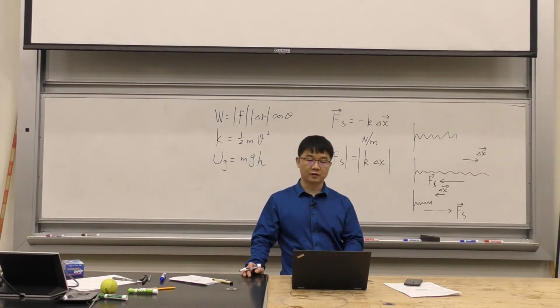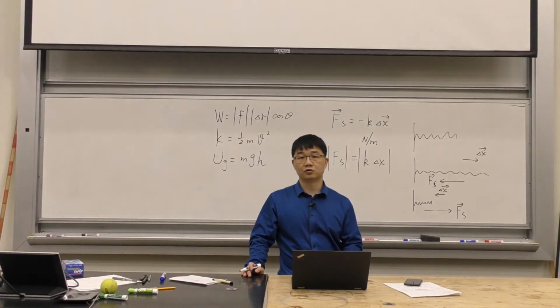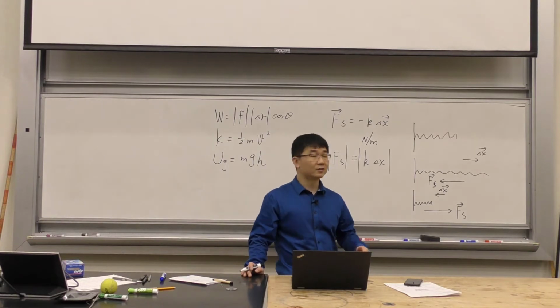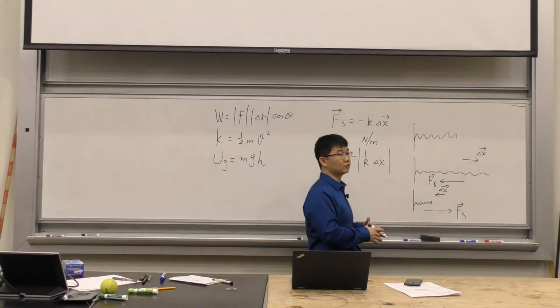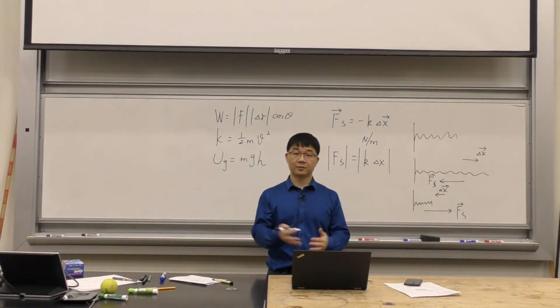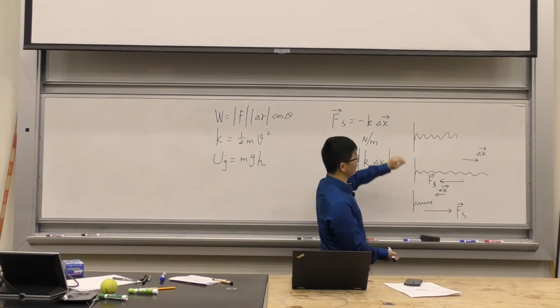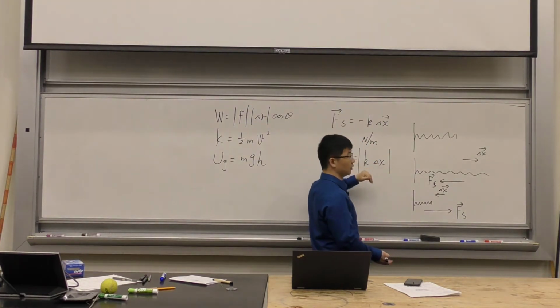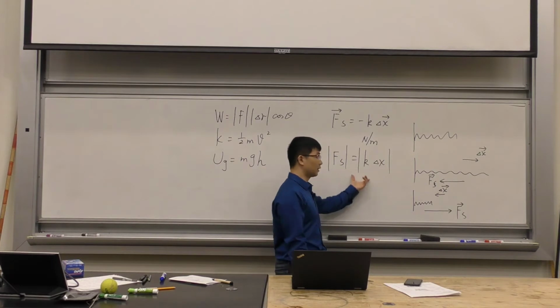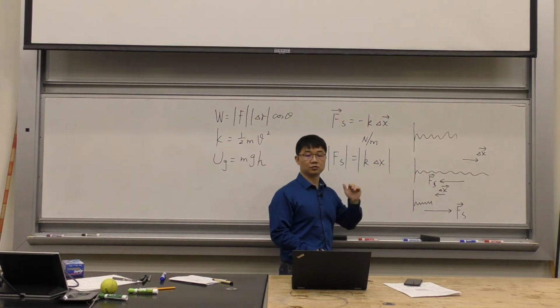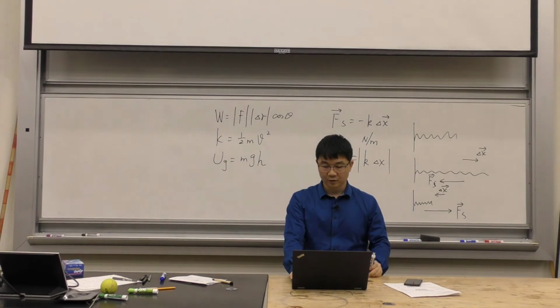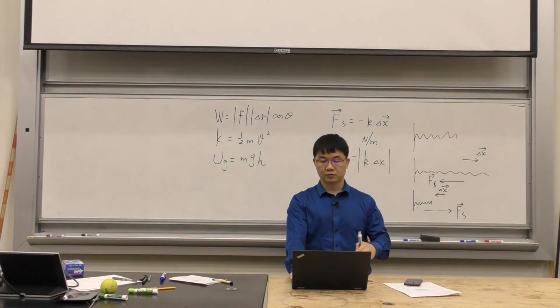Because I understand that they're always opposite to each other, which I hope is intuitive to everyone, I don't really need to use this equation to figure out a direction. Physicists always want to write a nice equation which has all the information in it. When I see this equation, I know everything. But what this equation actually tells you is this: when you calculate the magnitude, you make everything positive, and you manipulate this equation to get the magnitude of everything. And the direction of the force is always opposite to the direction of the displacement. But when I use this equation, I just use it in two steps.